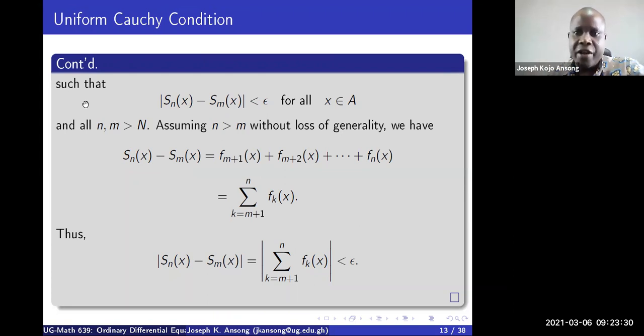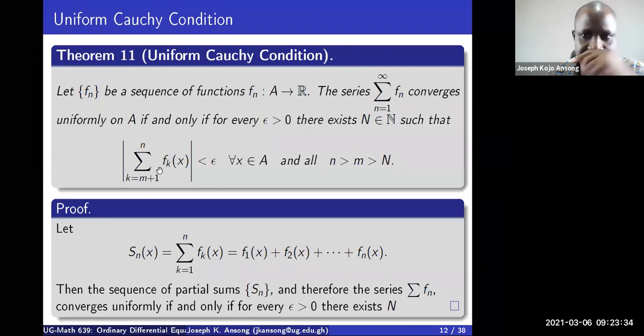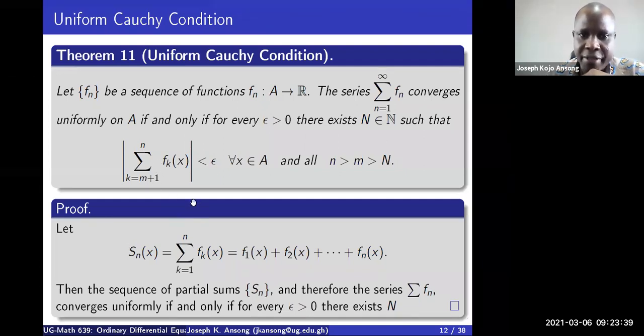I have just rephrased the theorem. We haven't proved anything yet. We just rephrased the theorem to say that if the partial sums are less than epsilon, then the infinite series converges uniformly to something. And then we want to show that, on the other hand, if the infinite series converges, then the partial sums are bounded. Okay, so that is a rephrasing of it.